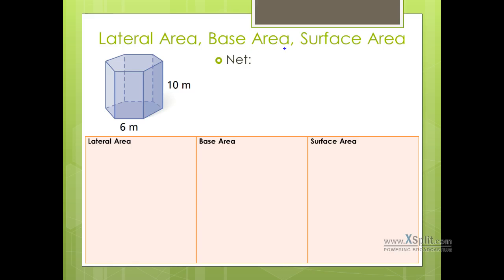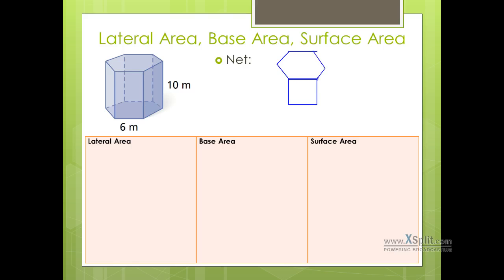We do have a hexagon, so 6 sides. 1, 2, 3, 4. I'm making an octagon, excuse me, a hexagon. 1, 2, 3, 4, 5, 6. Though the drawing is terrible, assume this is a regular hexagon.